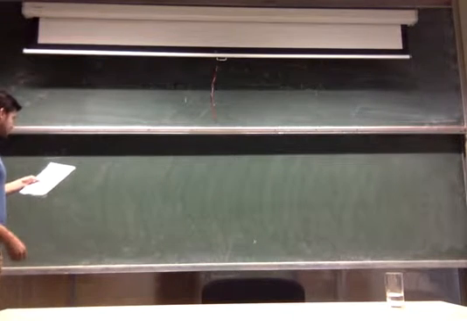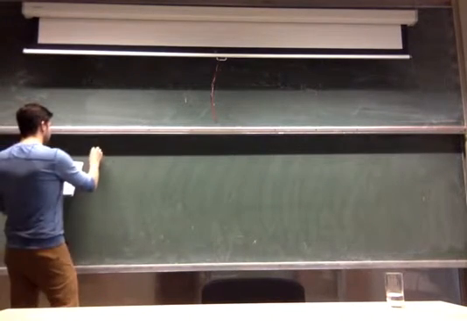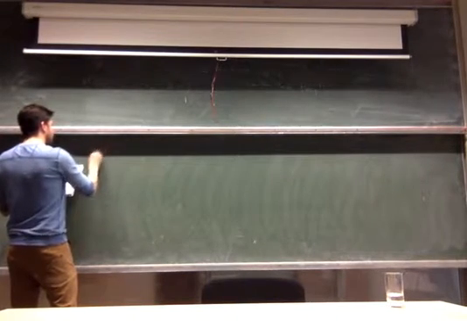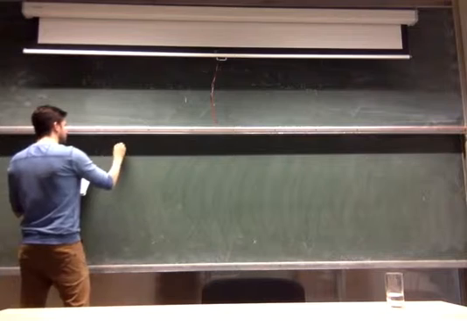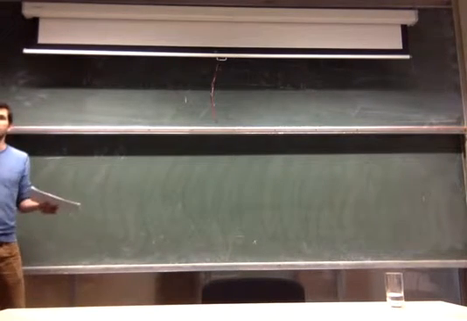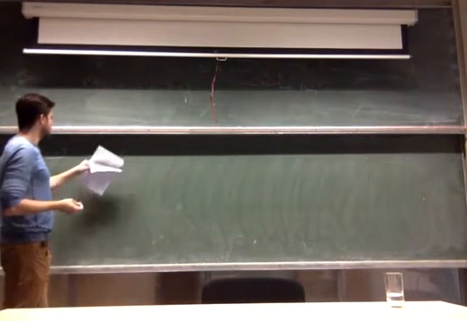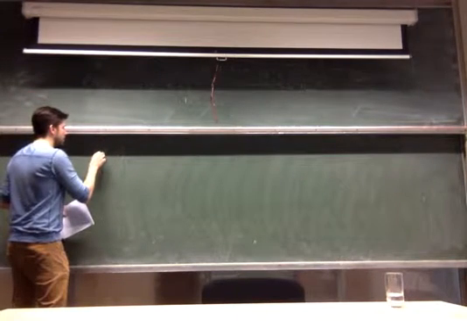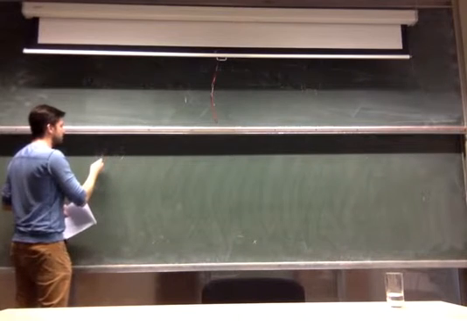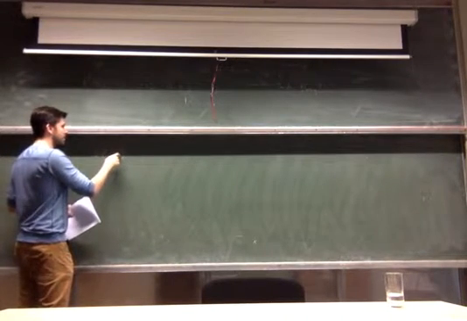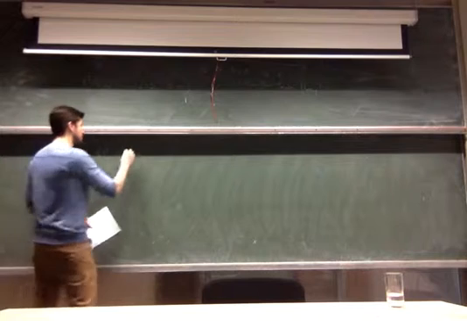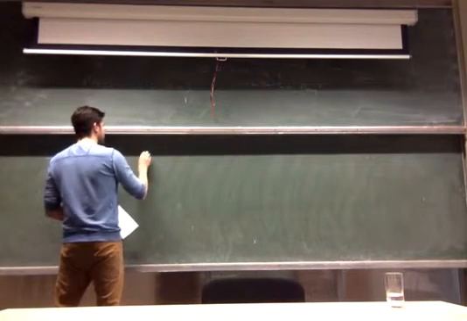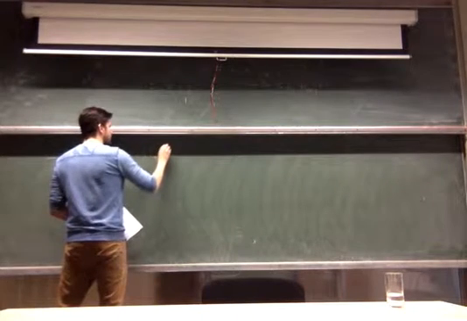So the first case is when the constraints Poisson commute. So suppose you've already identified some constraints. Okay. The first situation is if these guys weakly commute with the Hamiltonian, which means that they're equal to some linear combination of the constraints.